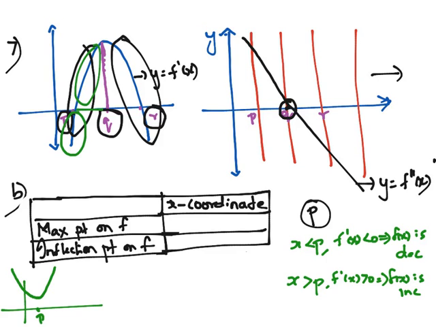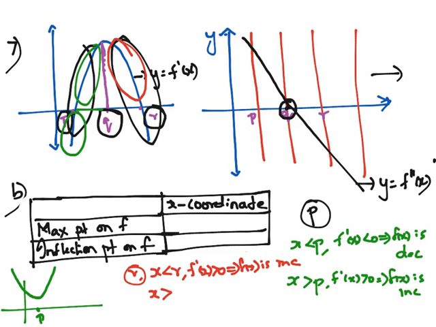Okay, let me take r now. When x is less than r, f dash of x is positive. That means f of x is increasing.